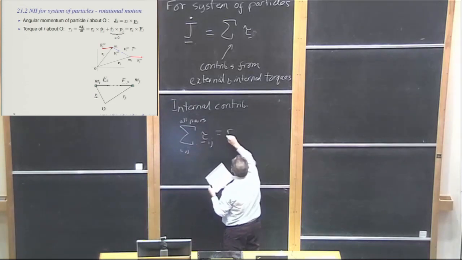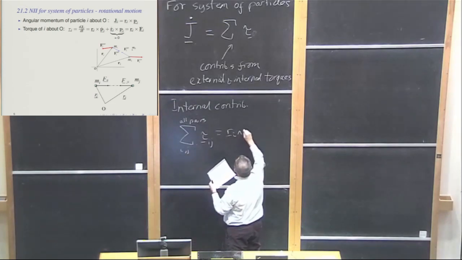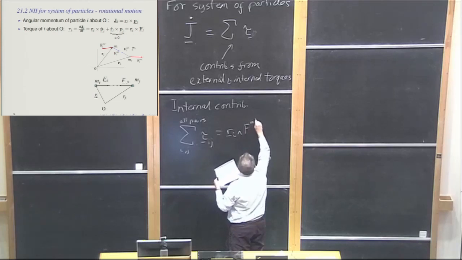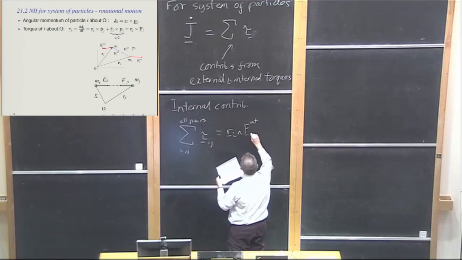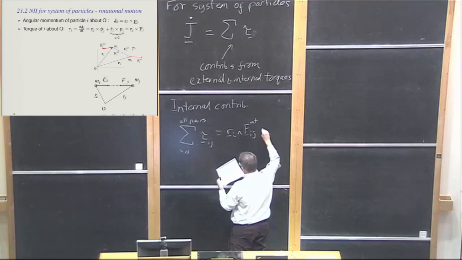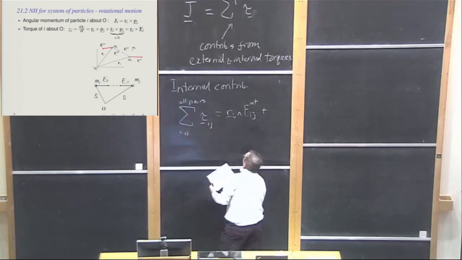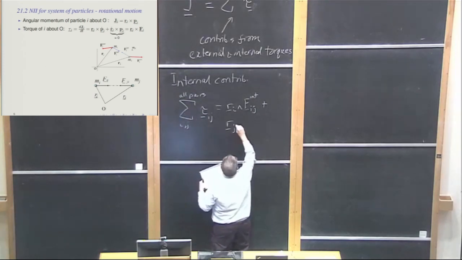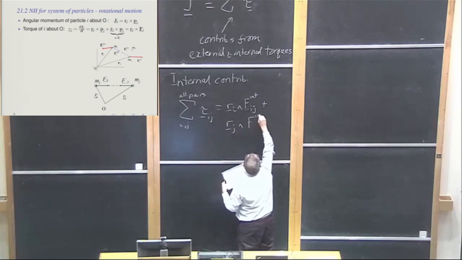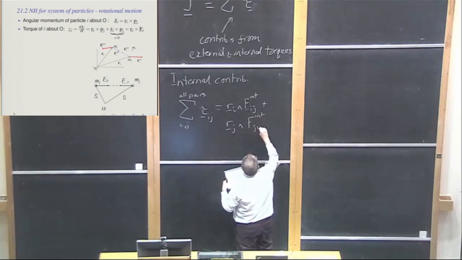So you get Ri cross F internal ij, and then you get Rj cross F internal ji.